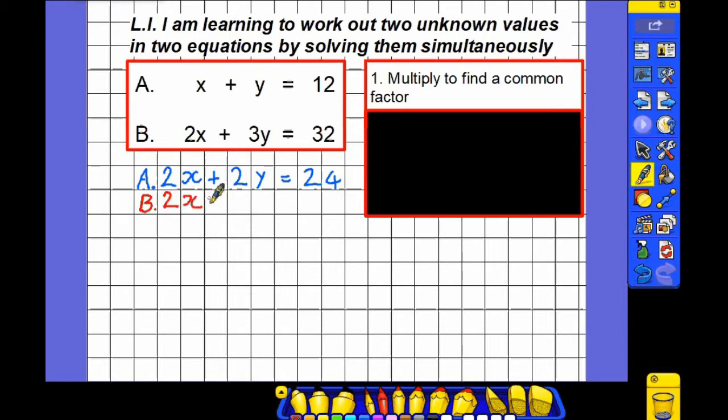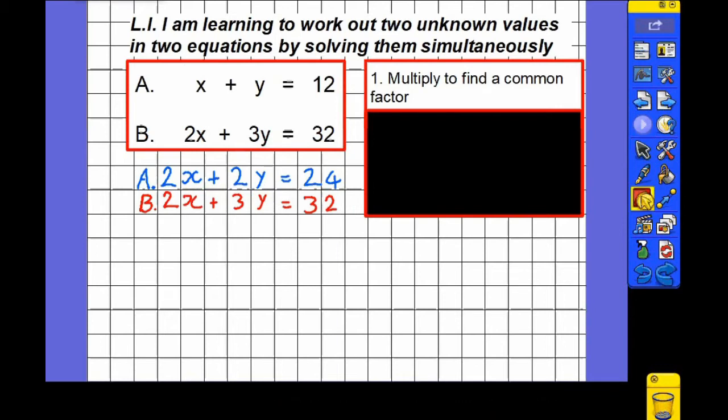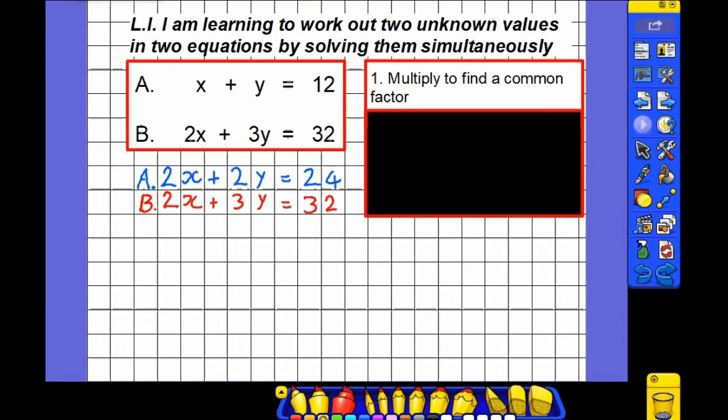So equation B is 2x plus 3y equals 32. So that's step one. What we've got now is a common factor. So both of these now share a 2x between them. That's a common factor there, and that's what we needed to get.